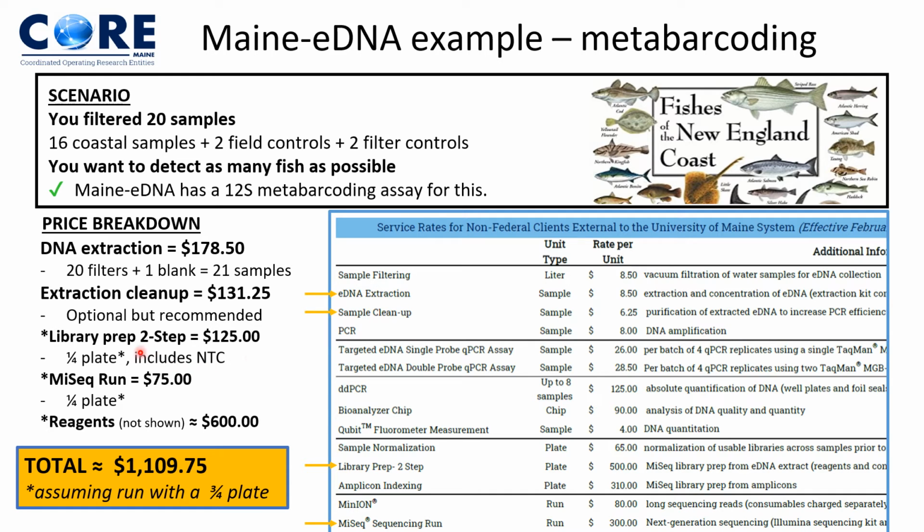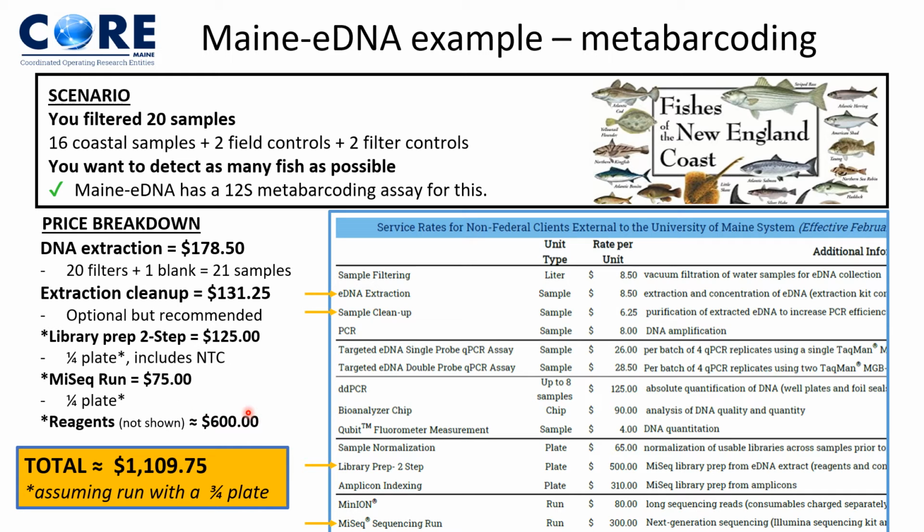But anyway, assuming that we can split our library prep by a quarter, it's going to cost us $125. And now the MiSeq run, and by the way, this is just the time for the technician to run the MiSeq, is $300 per plate or per run. So assuming that you're going to split this run again into a quarter, it's going to cost you $75.